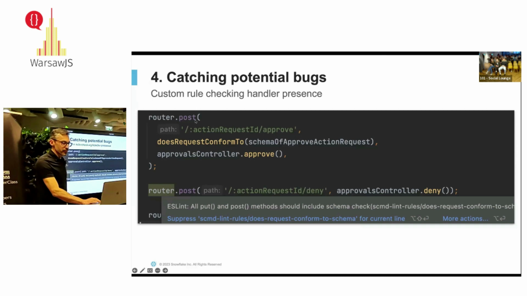And our rule was created to make sure that no one forgets about adding this handler to check the schema. So you can see if there is a router with post defined and it doesn't have the handler for validating the schema, we are getting the warning, right?